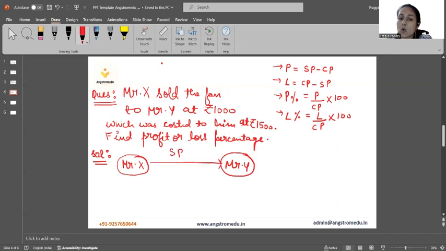It is written sold. Sold means we are selling something. So the price at which the commodity has been sold is given to us, that is 1,000 rupees.